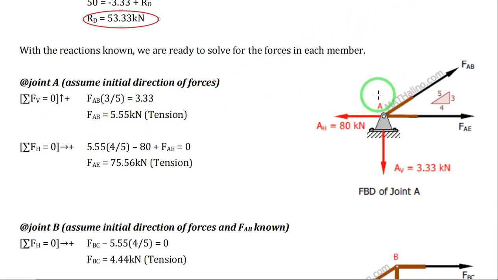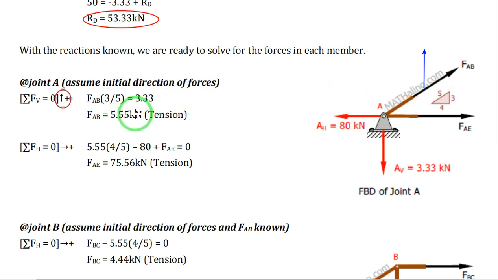So with these assumptions, you can apply the summation of forces vertical and summation of forces horizontal equal to 0. So this is the vertical reaction of your force AB. Applying the summation of forces vertical equals 0, assuming forces up is positive, you have FAB times 3 over 5.